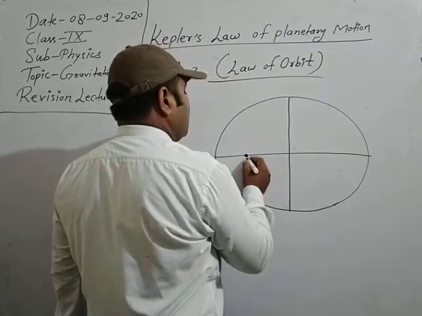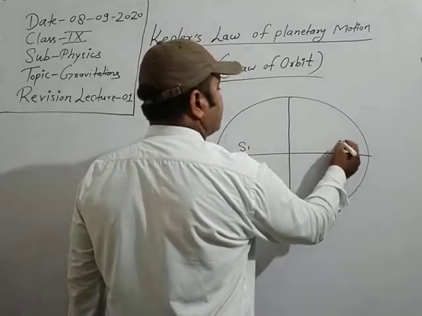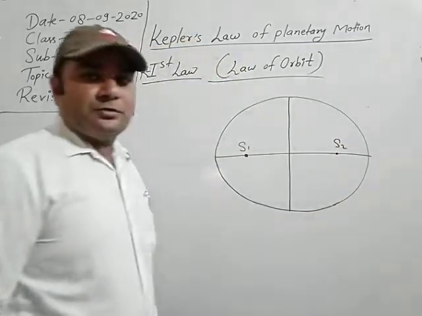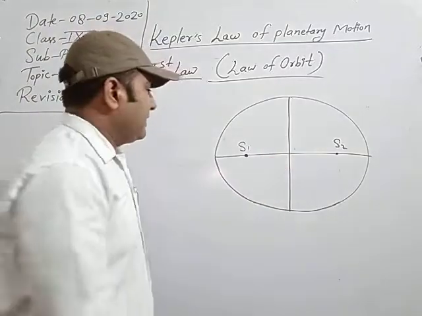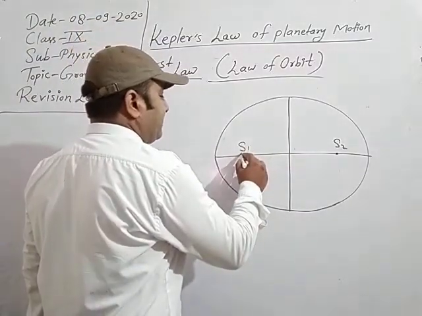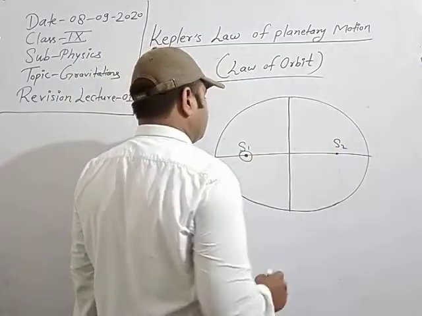Here this is S1 and this one is S2, so here are two foci. The sun lies at any one focus, either at this or at this.